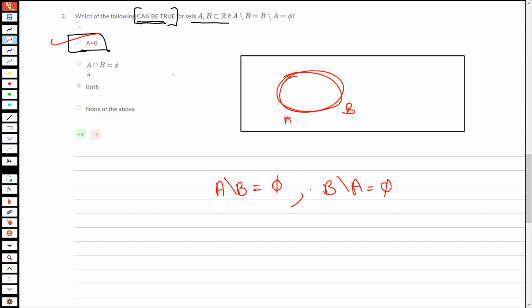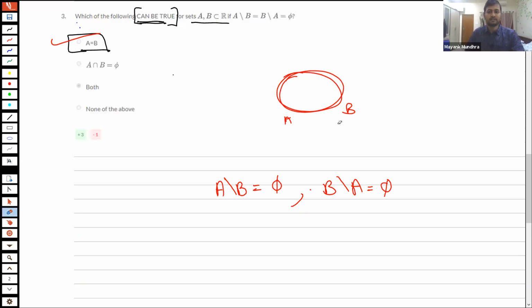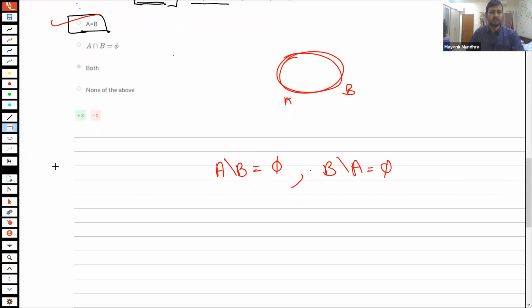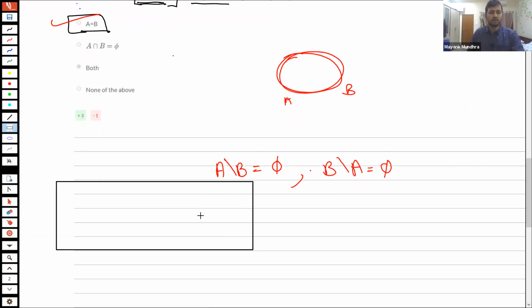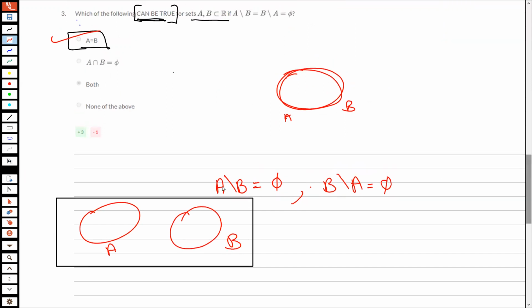Now the question is A intersection B. Suppose you draw sets A and B in this manner, this as set A and this as set B. Then what you get is that A intersection B is the null set.